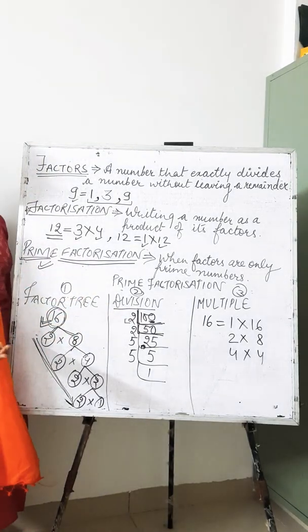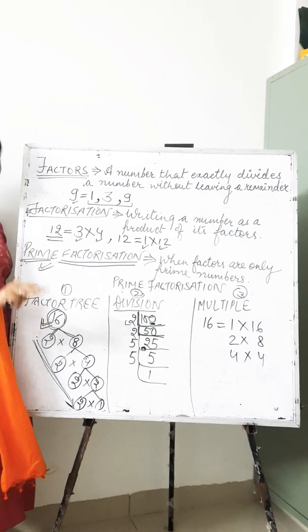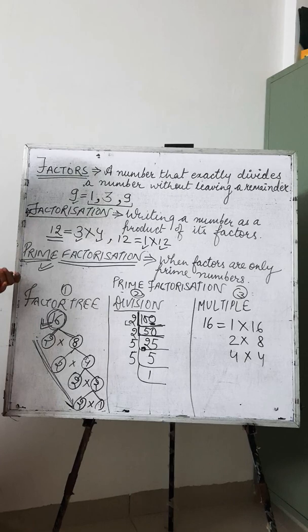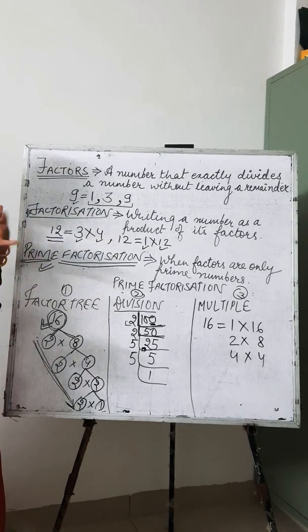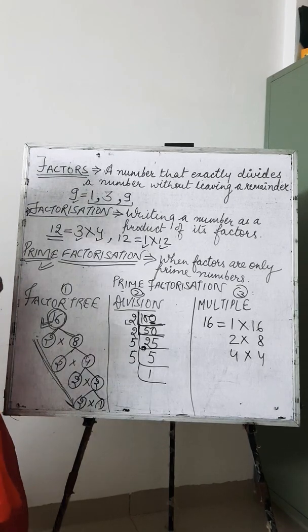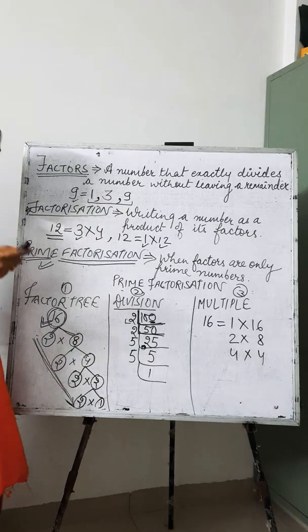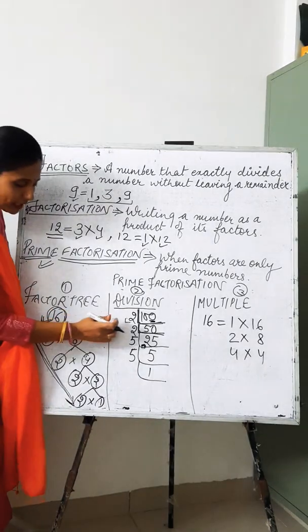And the divisibility of 3 says that whatever digits are given in that number will be added, and if the sum is divisible by 3, then the number is divisible by 3. So you need to first learn all the divisibility rules of numbers up to 12. We have already discussed this in our important facts also, so you can check in your copy.